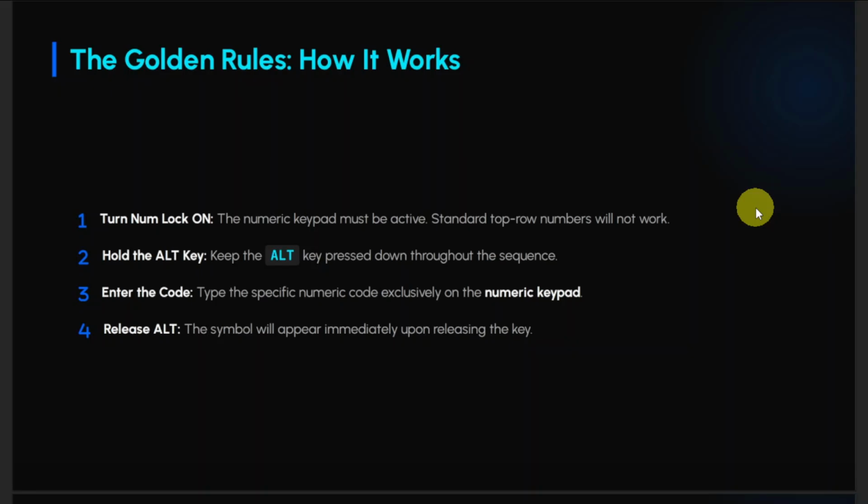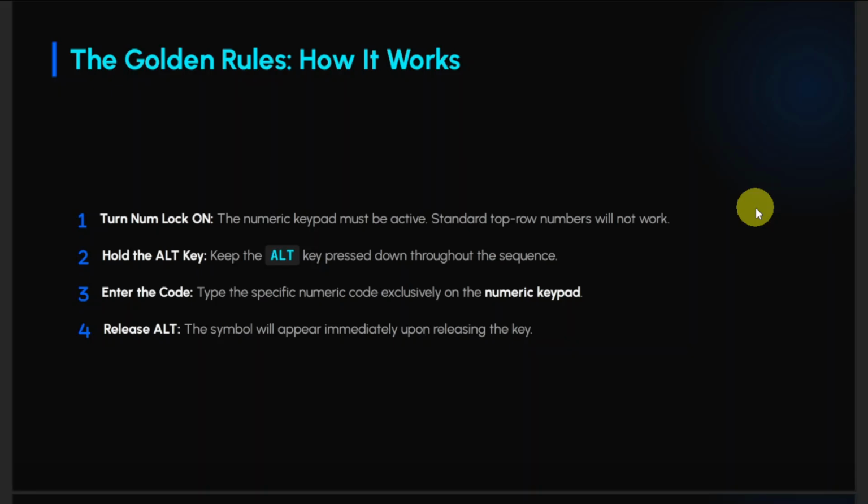What you have to do is first turn the Num Lock key on the keyboard. The numeric keyboard must be active. Then hold the Alt key, enter the code, then release the Alt key.